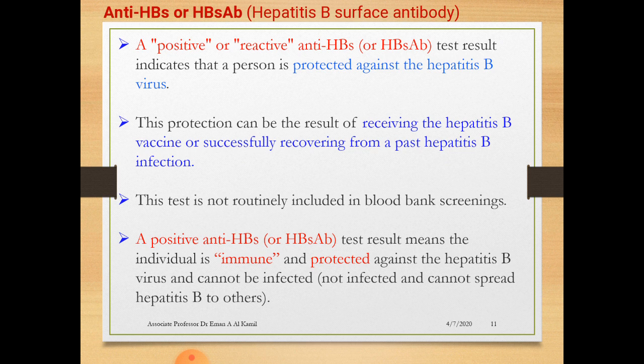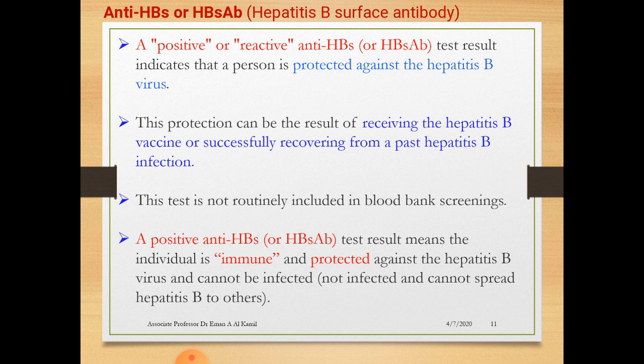So if the patient develops antibody against hepatitis B surface antigen, it means the individual is protected, or immune against hepatitis B. He will not get the infection.